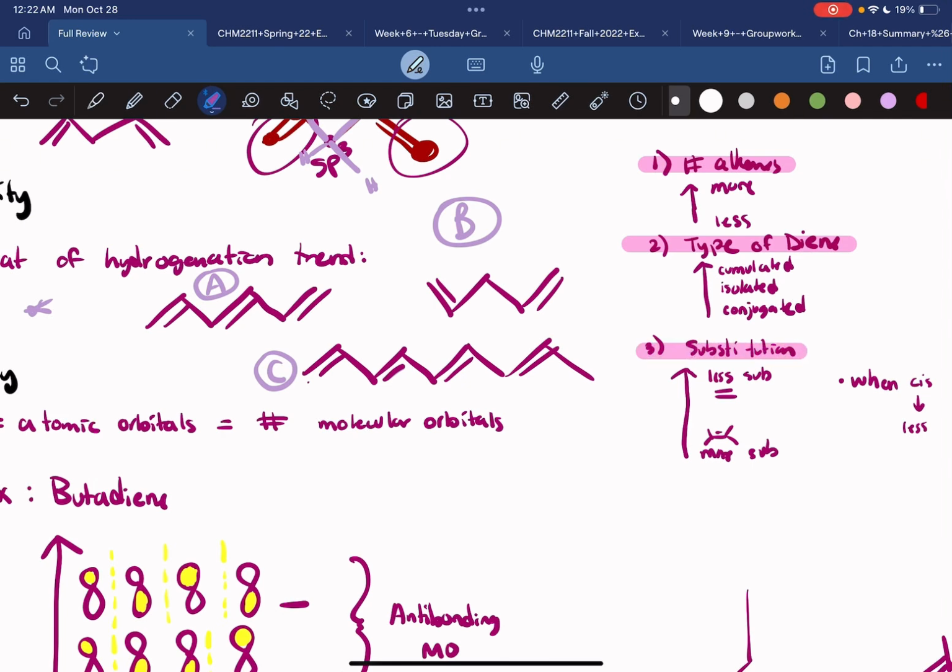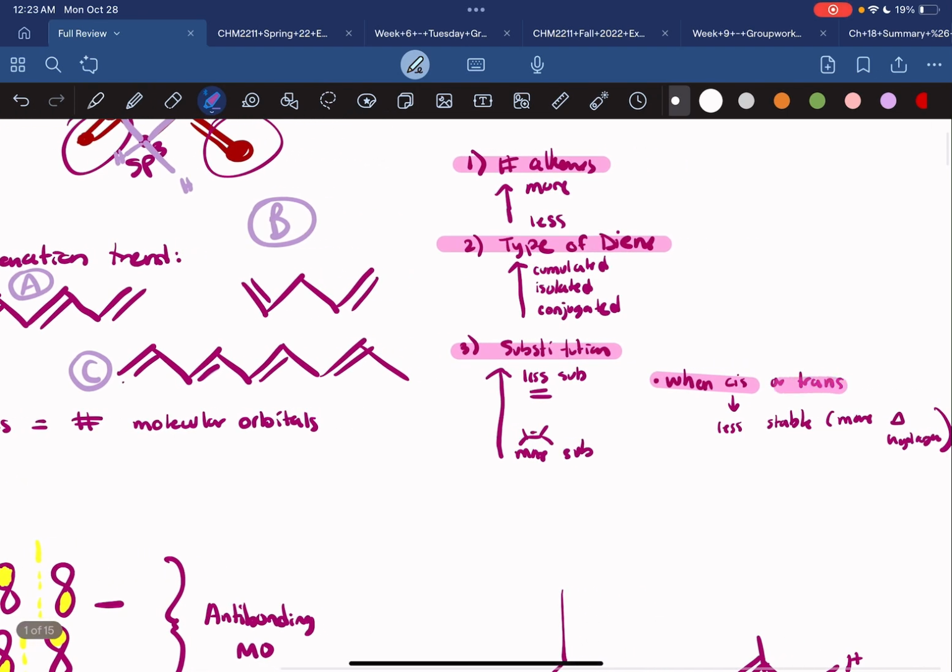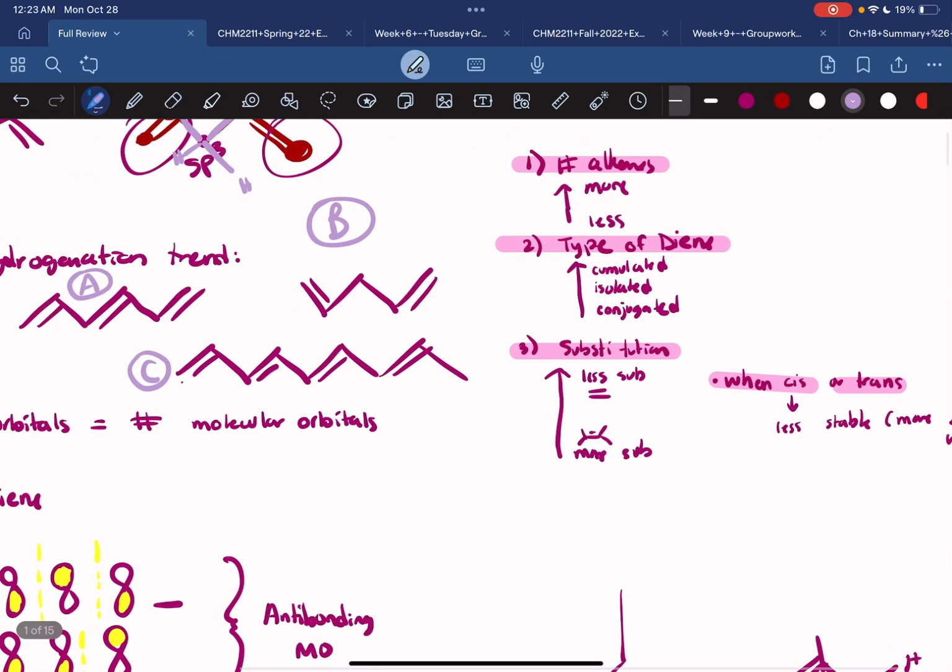And if you have two compounds that are equally substituted, then you'll decide whether they're cis or trans. And using the cis or trans notation, you'll decide in regards to stability. The more stable, the less heat of hydrogenation it will exhibit. The less stable, the more heat of hydrogenation the compound will exhibit. Okay, so let's go ahead and get started.